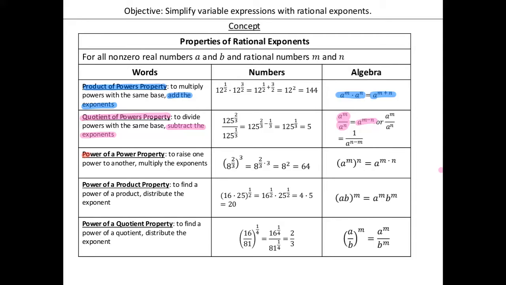All right, then I have a power of a power property. Power of a power means if I have something raised to a power, raised to another power, like an exponent inside a parenthesis raised to another power, my rule is to multiply the exponents. So a to the m times n.